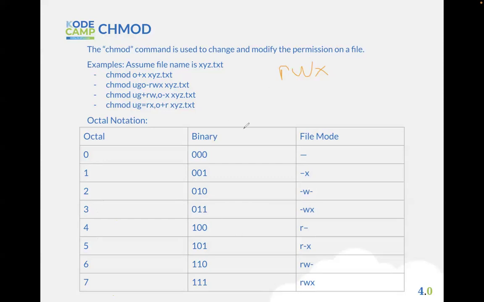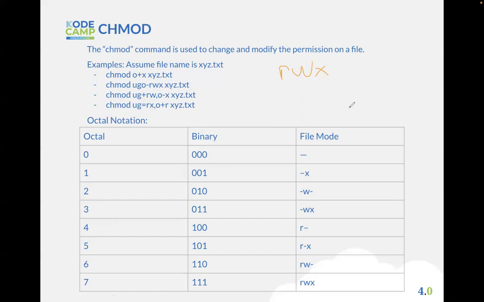So you don't need to memorize the full table. Over time, from secondary school, I already know this system: 0 is 0, 1 is 1, 2 is 10, 3 is 11, 4 is 100, 5 is 101.